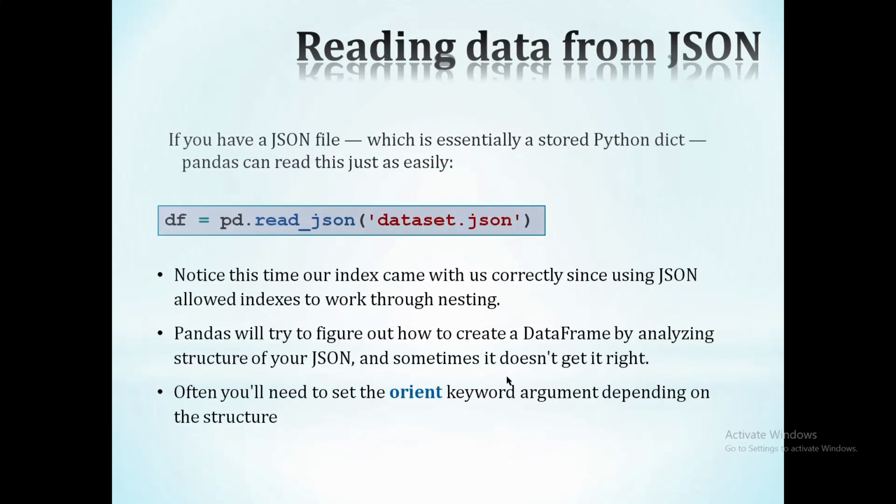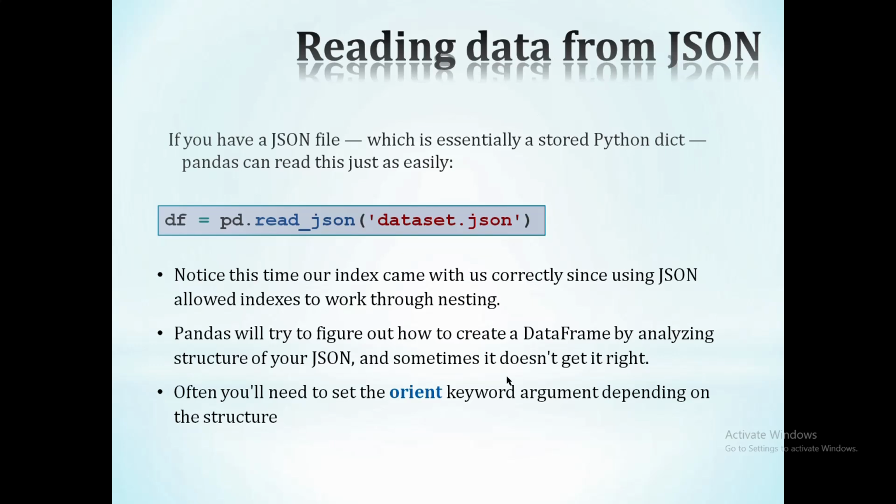Next, whenever I am reading data from a JSON file, which is essentially a stored Python dictionary, pandas can read this just as easily using the read_json function. Notice this time our index came with us correctly, since using JSON allowed indexes to work through nesting.